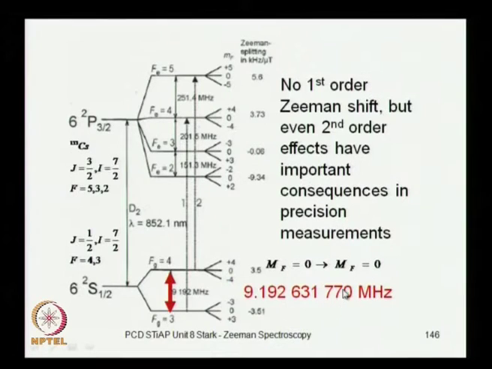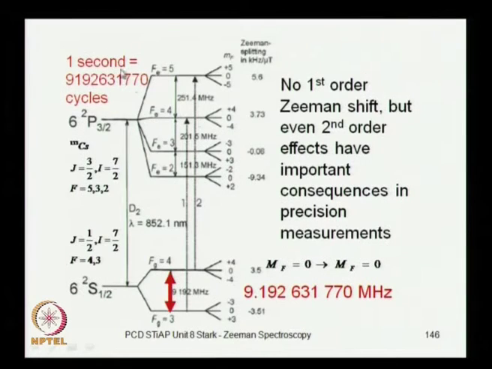This transition takes place at a frequency of 9,192,631,770 hertz, and this gives us the definition of a second. The second that we speak about all the time is defined as this number of cycles corresponding to this transition. This is how the second is defined, technically and strictly speaking.